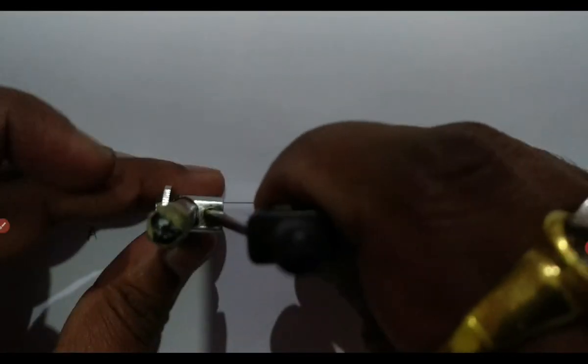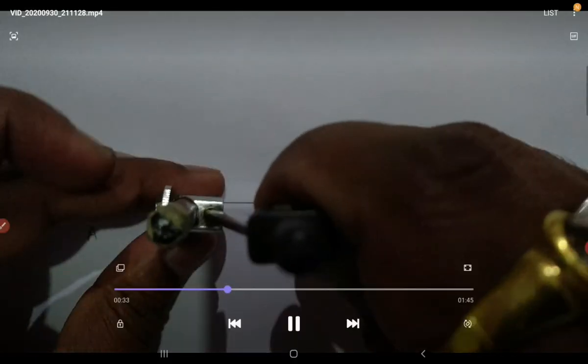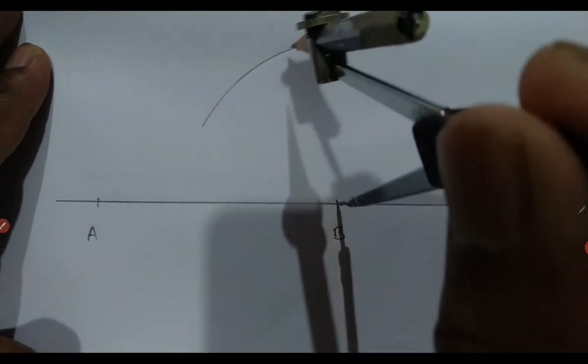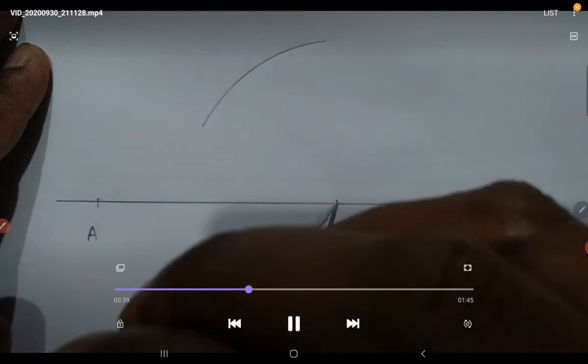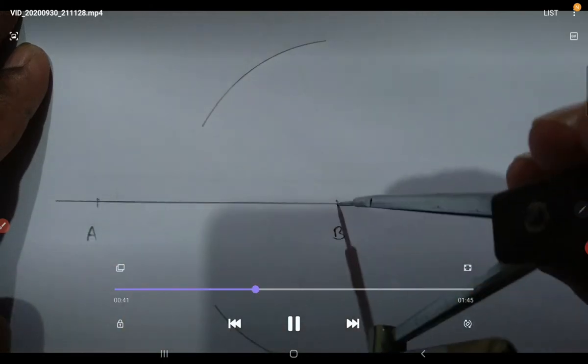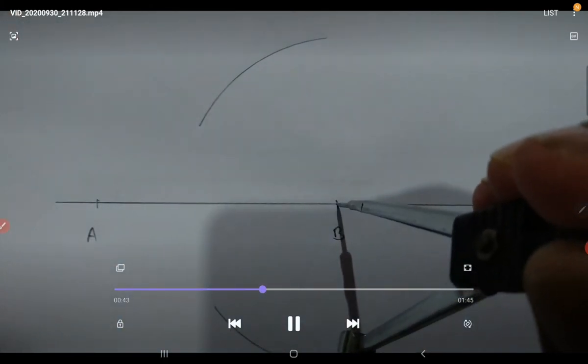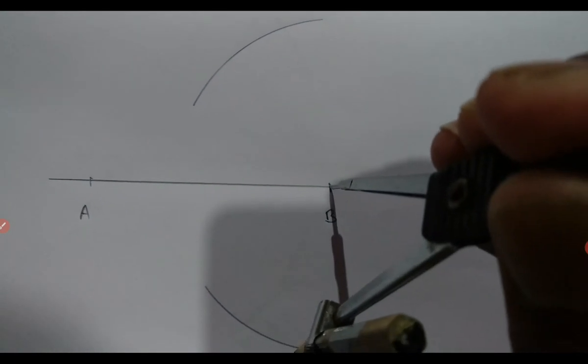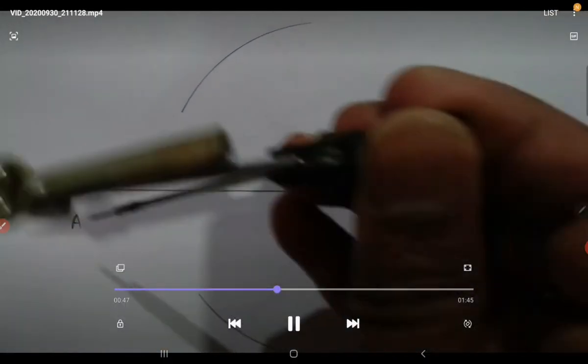For that I have taken a compass and set an arc of the compass such that it is slightly more than 4 centimeter, and I am drawing 2 arcs, one at the top and the other at the bottom, by keeping the needle of the compass at B, the ending point.